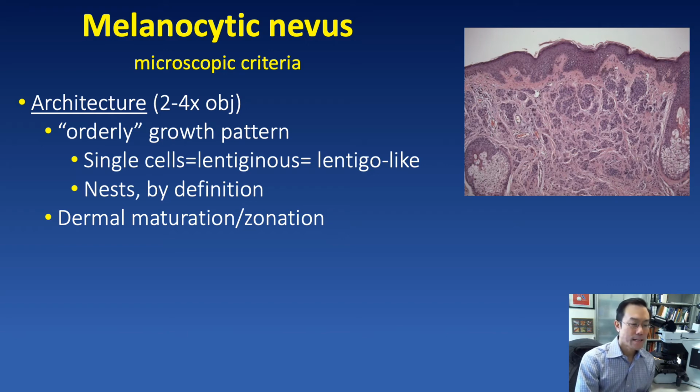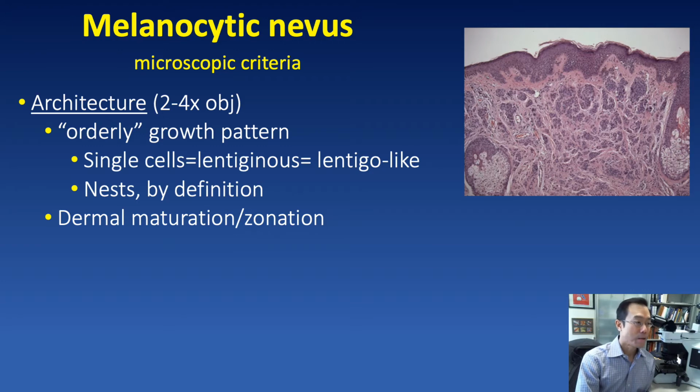And for melanocytic neoplasms, both benign and malignant, I find it helpful to categorize the different histologic attributes by architecture or growth pattern, and then secondly, the cytologic features of the individual tumor cells. So starting with architecture, this is best assessed at a low magnification, so maybe the 2 to 4x objective.